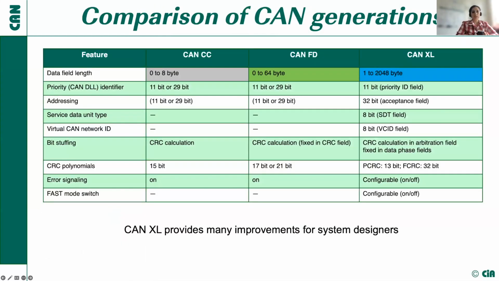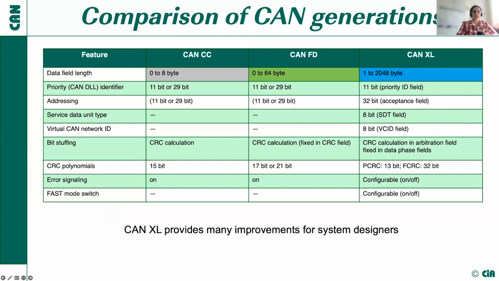In this slide, you can see the differences of these three generations of CAN. At first, you can see here the data field length of CAN XL is much larger than CAN CC and CAN FD.